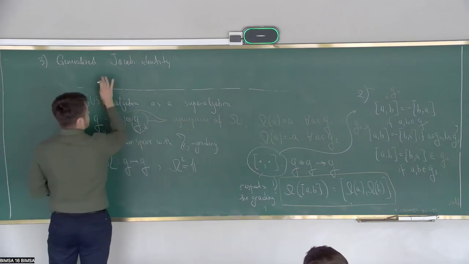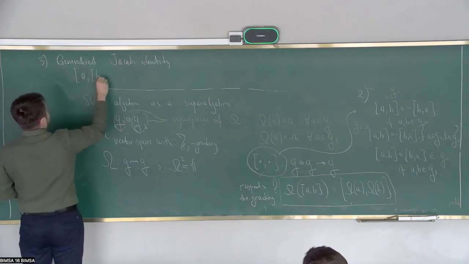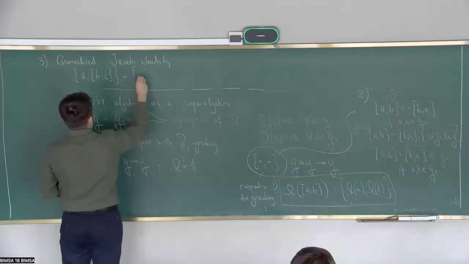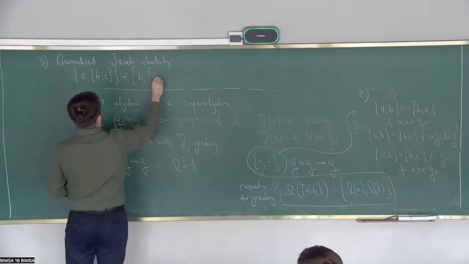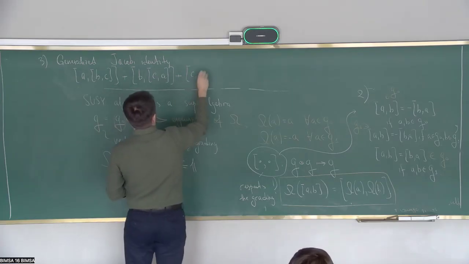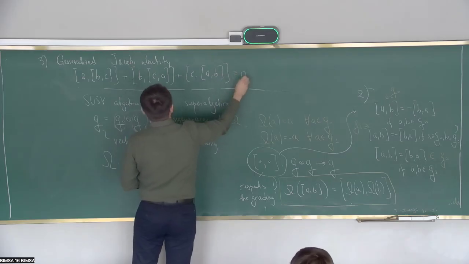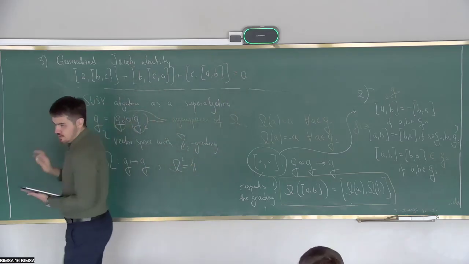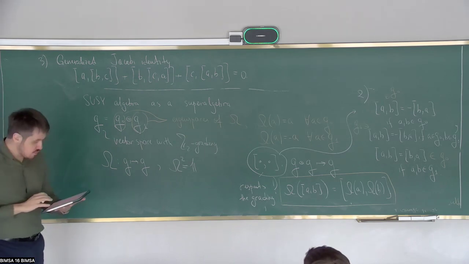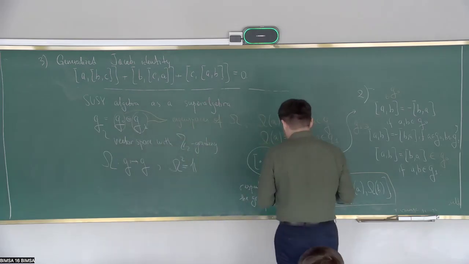First we recall the usual Jacobi identity, which is when you take the double commutator and make a cyclic permutation. You just cyclically permute it, and that's 0. So how do we generalize it? Let me introduce some notation.